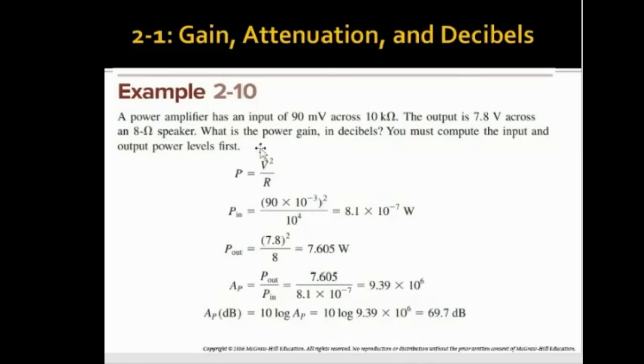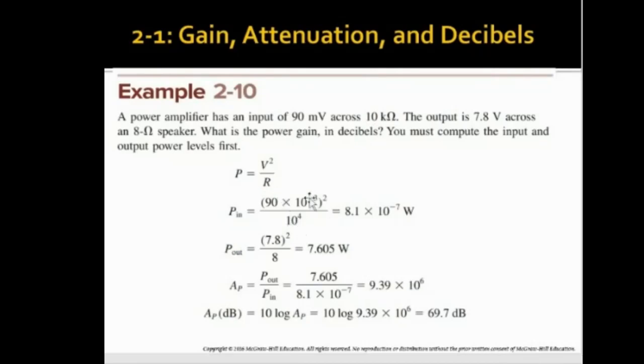We can first calculate the power at the input. We have the voltage and the resistance in the input circuit, so we have V squared over R. 90 millivolts, converted to volts, is 90 times 10 raised to minus 3, the whole thing squared, divided by R, which is 10 kilo ohm, meaning 10,000 or 10 raised to 4.